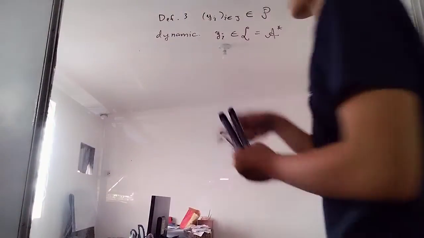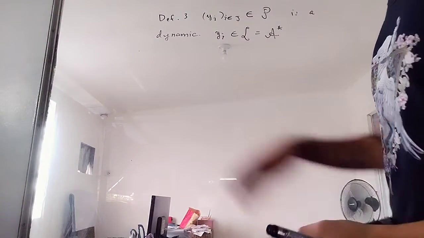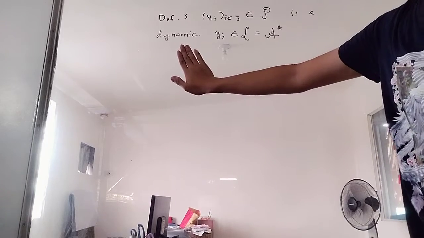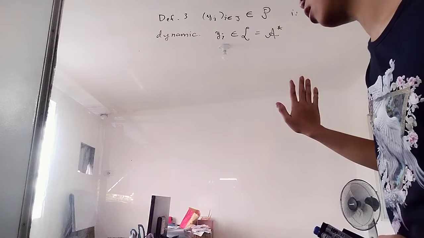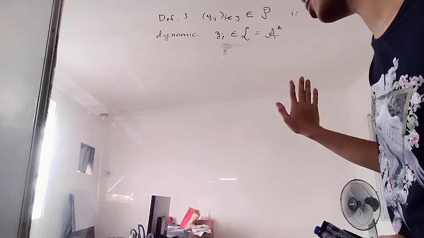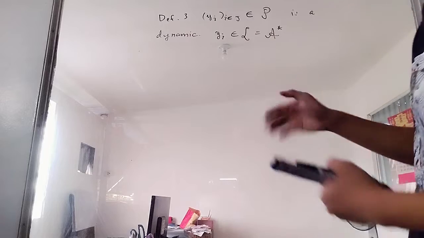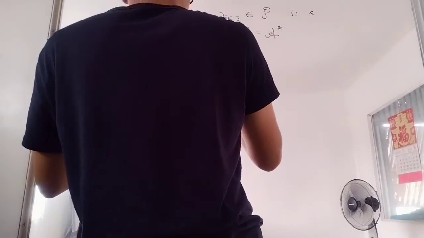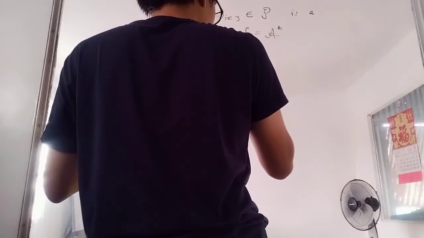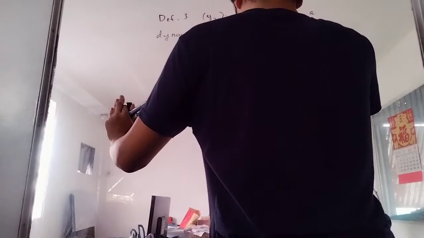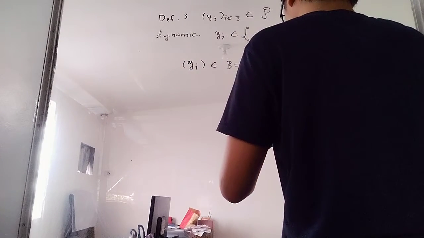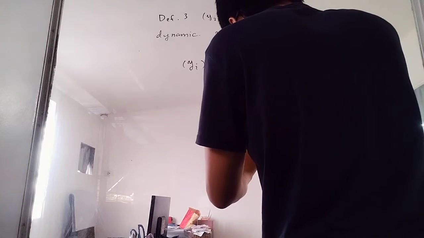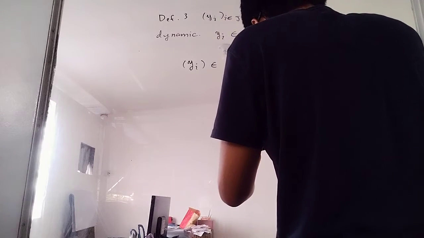And that's that. It's dynamic. Elements of P are not really position, but rather they tell us the behavior of our specimen or our person. So submissive or dominant. So we say that Y_i is an element of this set B, which contains D-O-M-I-N-A-N-T, or S-U-B-M-I-S-S-I-V-E.